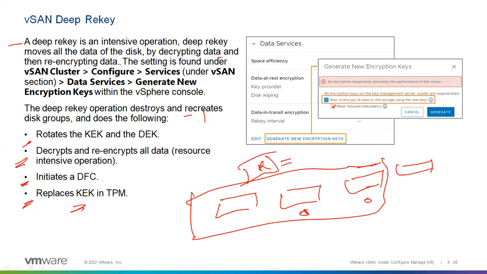For example, for some policy I require 4 hosts plus 1 host, and some encryption or decryption is happening here. The moment it wants to use another host but none is available, we have to survive with the available hosts only. Then we can check the allow reduced redundancy option. Within the available nodes, it will manage the data.